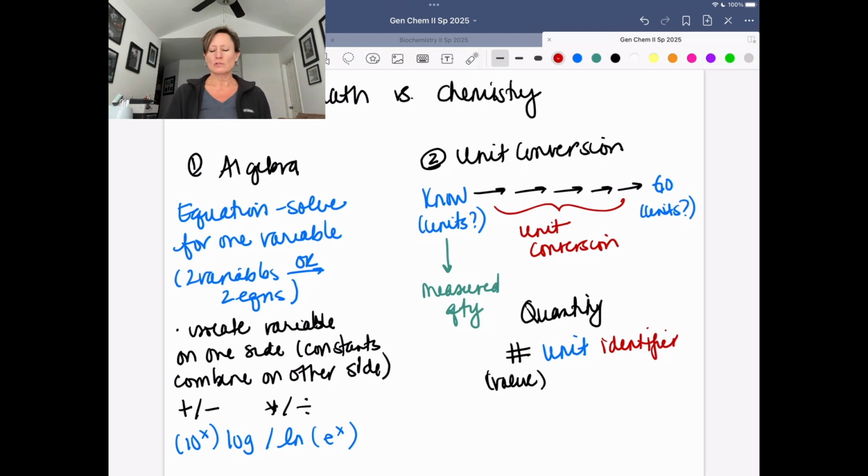Who does that belong to? So as an example, you might think about having, let's say, 10 grams of water, right? It's important that you have a quantity that has a value with it, so we know how much, but it also has a unit and how much and who it belongs to.